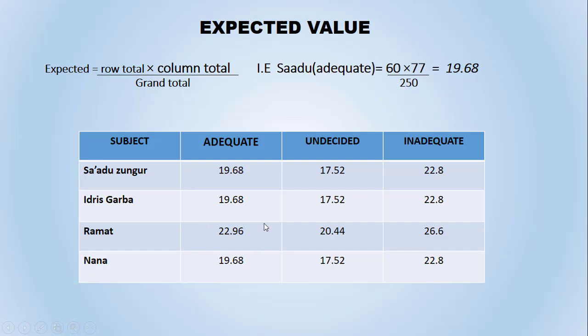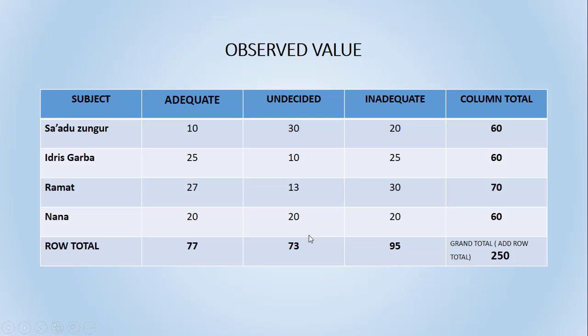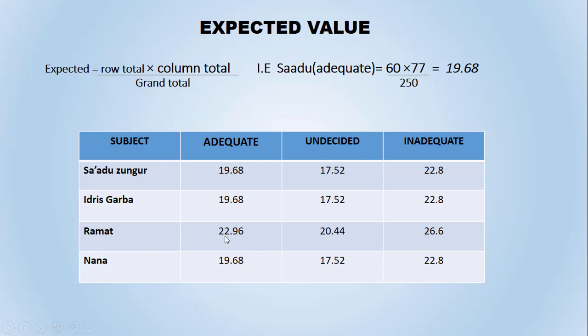Also if you do it for Ramat, the column total of Ramat is 70, and the adequate row total is 77. 70 times 77 divided by 250, you are going to get 22.96. Also if you work out the one for Nana, you multiply the row total by the column total, or either way, column total times row total or row total times column total, but all should be divided by the grand total. Let's go to undecided.